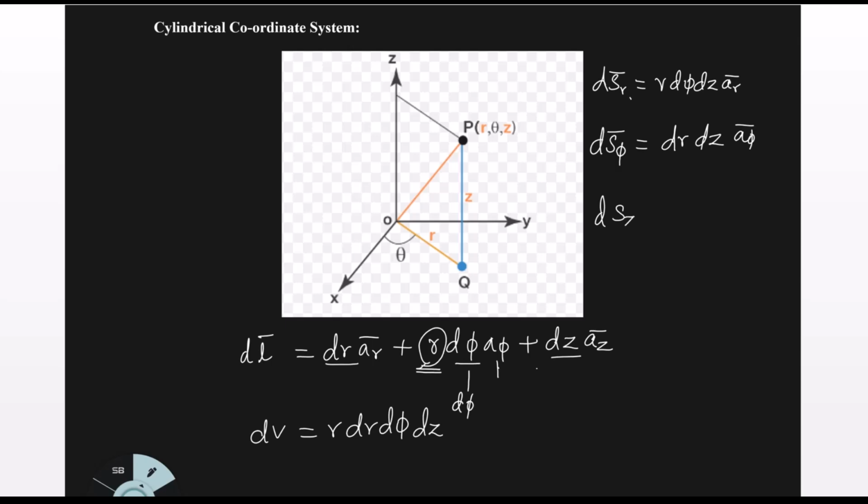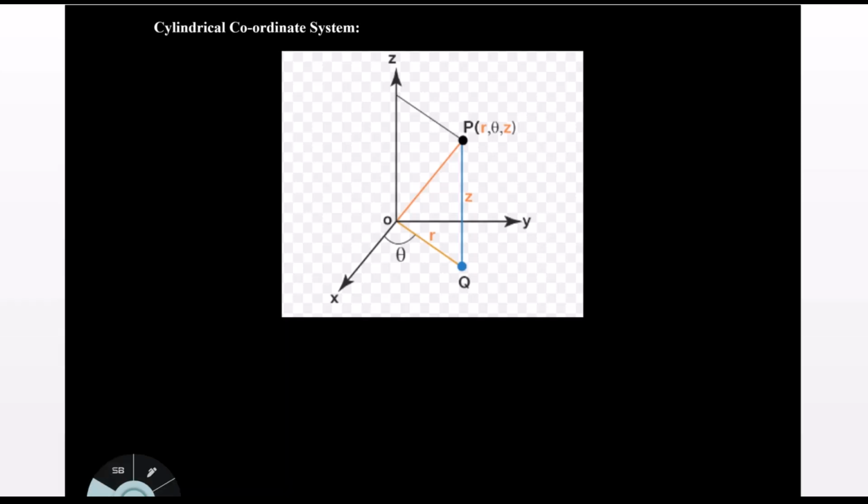Normal to the z direction, ds z vector equal to r dr d phi az vector. These are the formulas for differential length, differential volume and differential surface area in the cylindrical coordinate system.